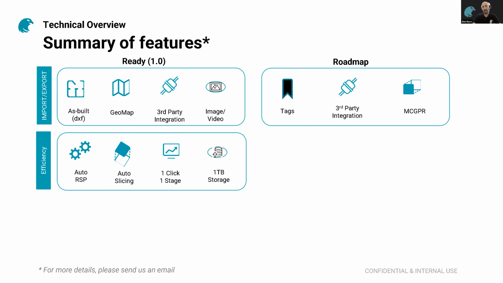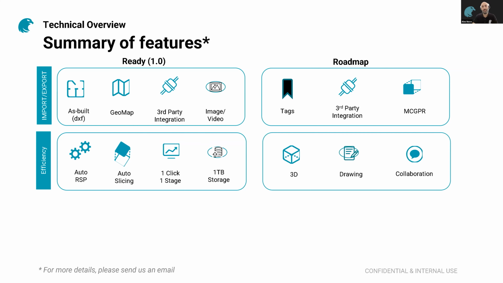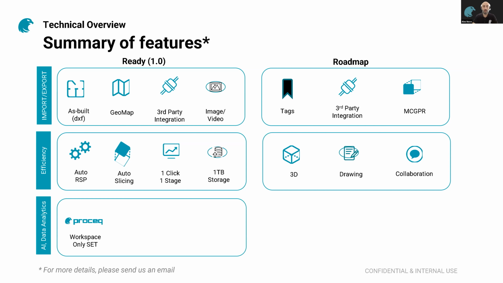In terms of efficiency, we already have auto radar signal processing, auto slicing, one click, one main stage, 1 terabyte of storage. The roadmap, 3D drawing and collaboration. Although collaboration I showed you already, it's happening now.